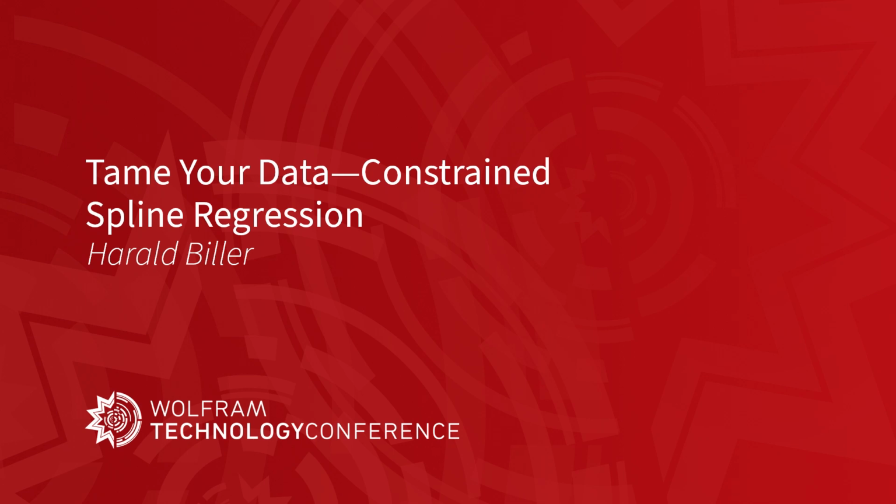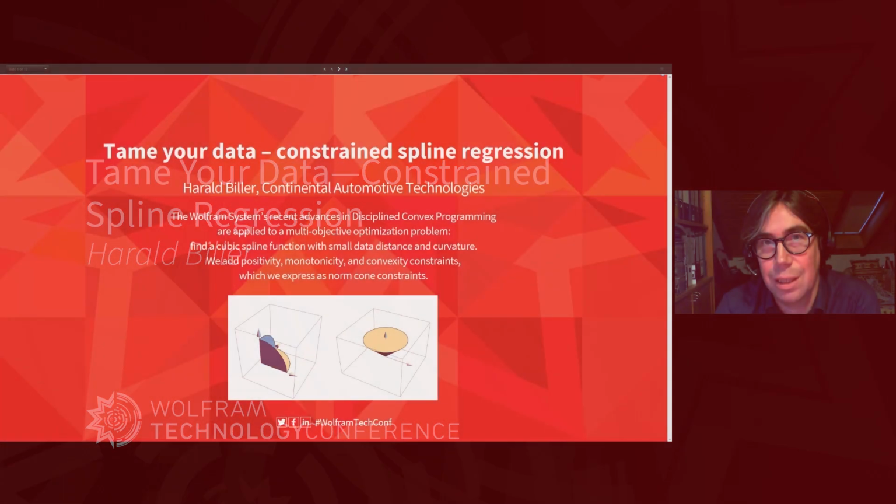Hello, everybody, and welcome to my presentation about constraint spline regression. It's about disciplined convex programming, that's convex optimization with specific constraints. Every constraint is that some standard cone, one of a small number of specific cones, must contain an affine function of the variables.